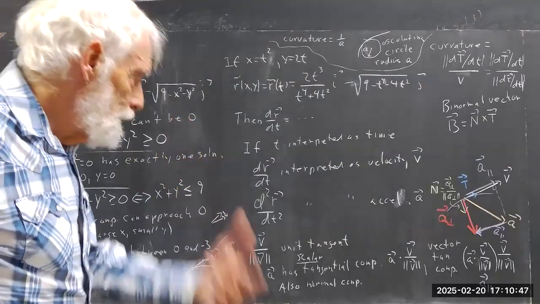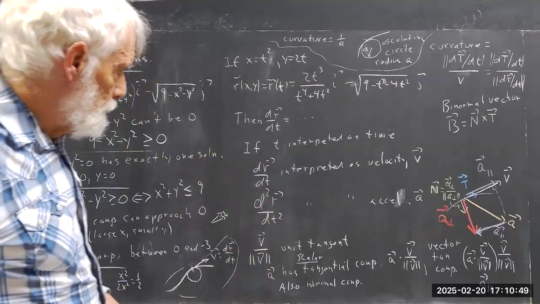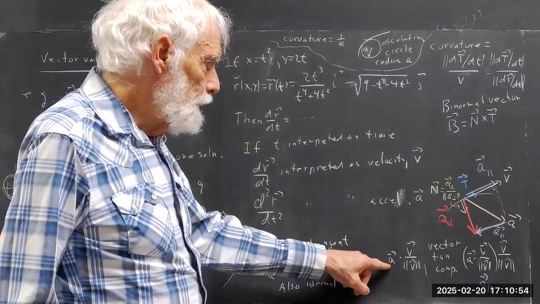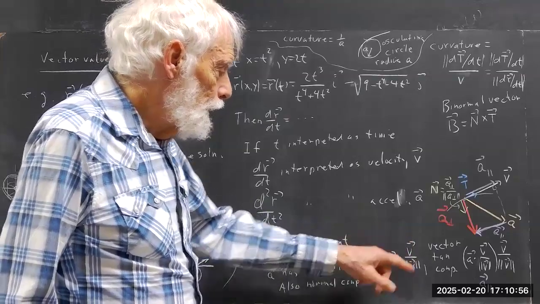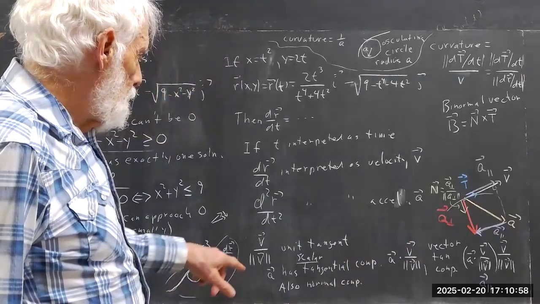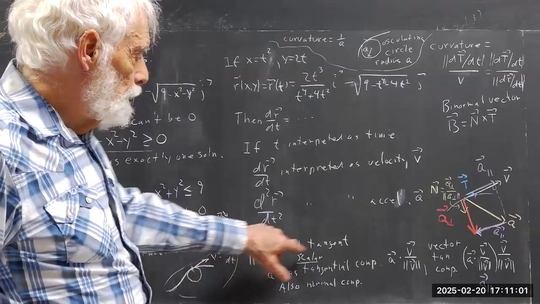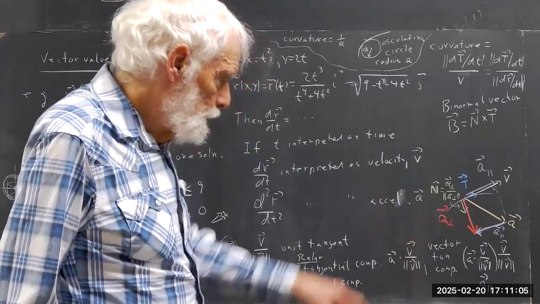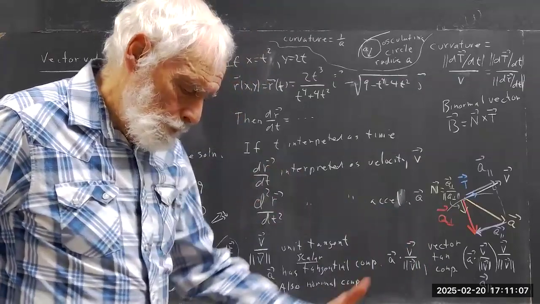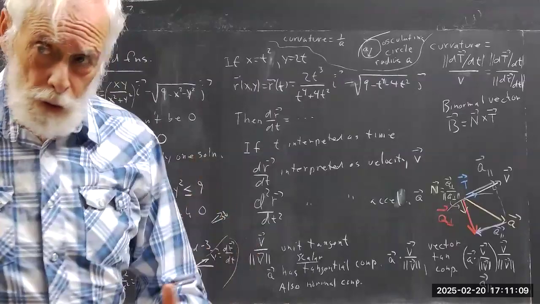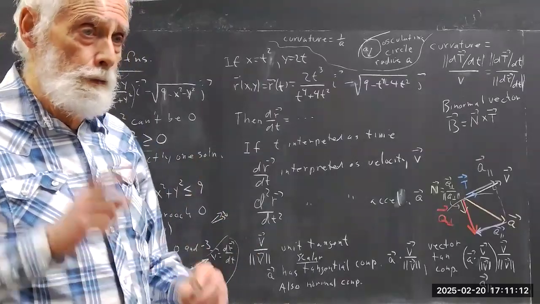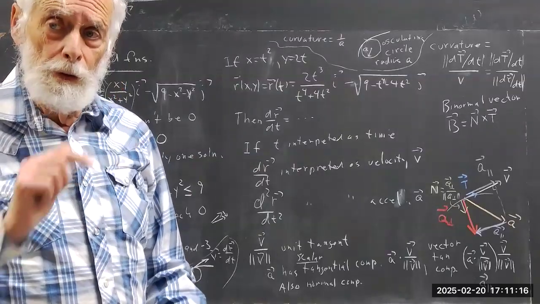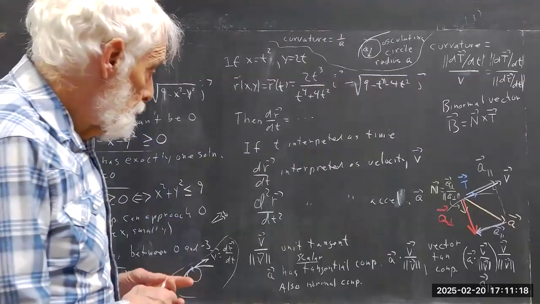It turns out that that tangential component can be calculated by taking the dot product of a with our unit tangent vector. v over the magnitude of v is our unit tangent, so a dot v over the magnitude of v would be a dotted with the unit tangent. And we should know by this point that if we dot a vector with a unit vector, we're getting the component of that vector in the direction of the unit vector.